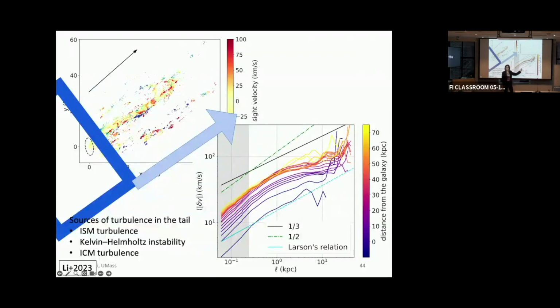Yeah, and that's basically sitting on top of Larson's relation. And so that is the ISM turbulence here, okay? But then as you move down the tail, you see a growth in the amplitude, which means what you see in the tail is not dominated by this anymore. This is very much subdominant. Okay. Yeah.